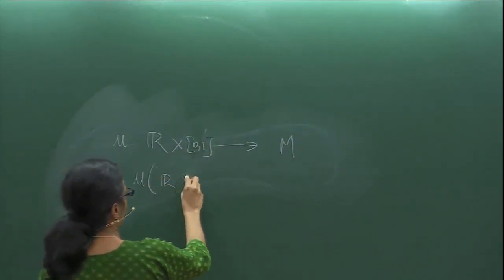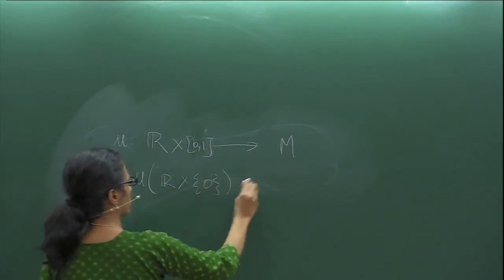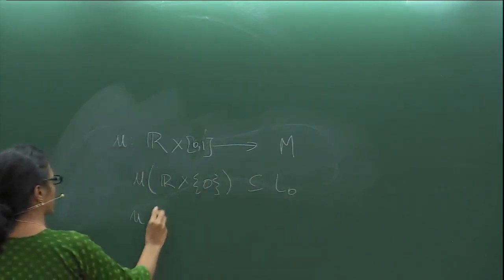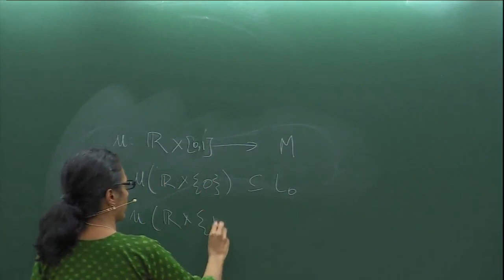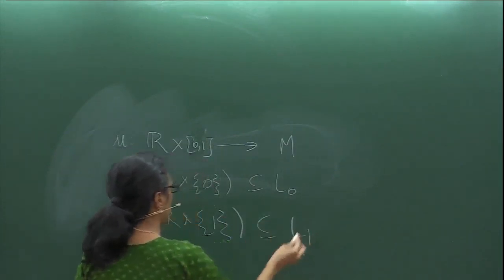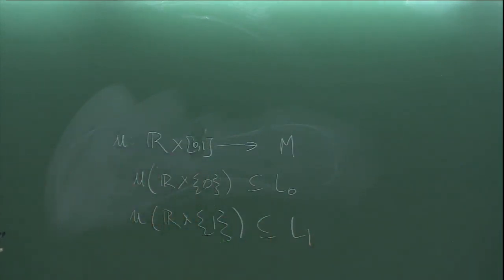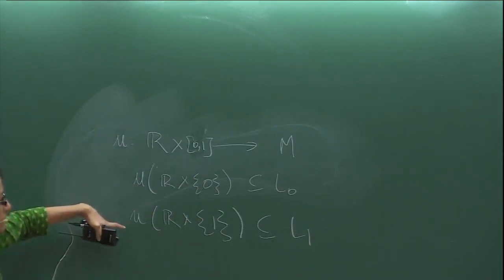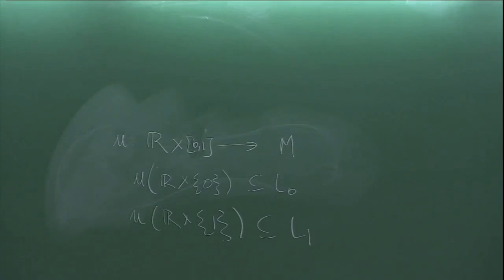R cross 0 goes to L0 and R cross 1 goes to L1. And again, we want the endpoints to asymptote to the generators of the complex. So if such strips have finite energy, then the ends would be asymptotic to some intersection point.